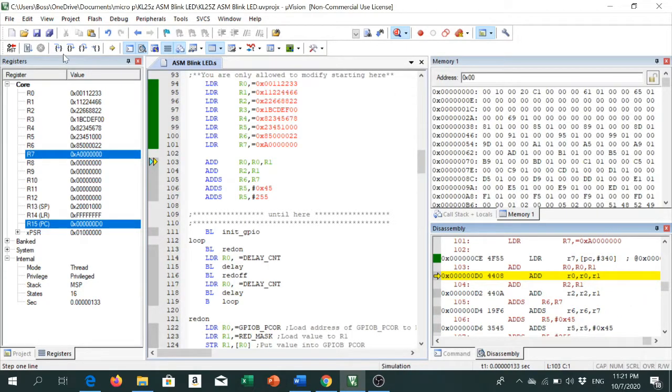For the first add instruction, the operation is R0 plus R1 and it will be saved at R0 here. You see this register, it will change.